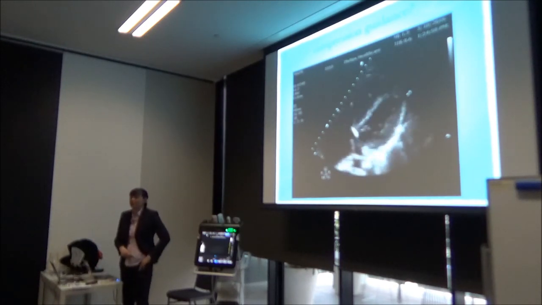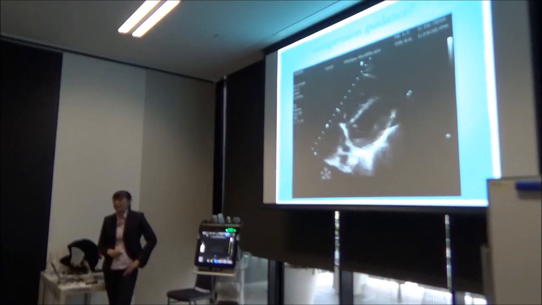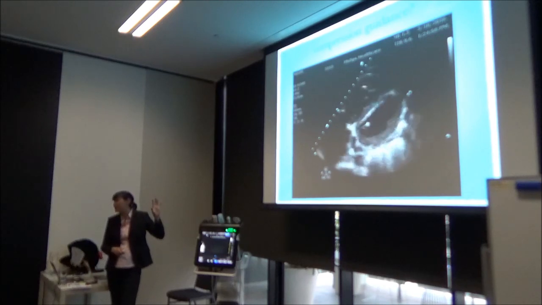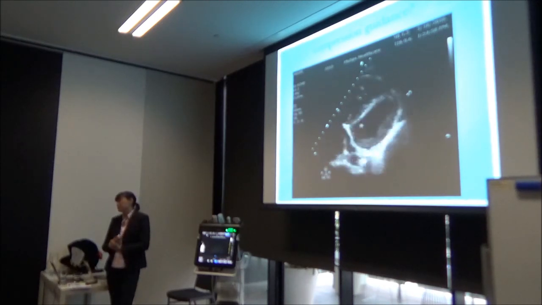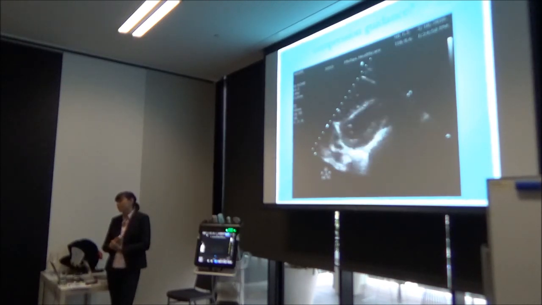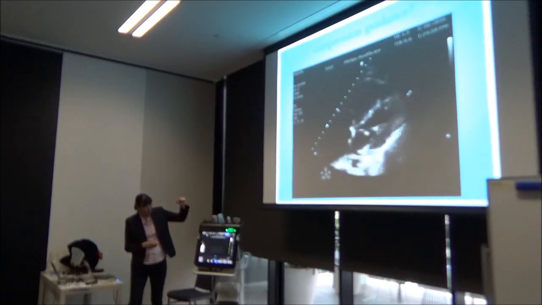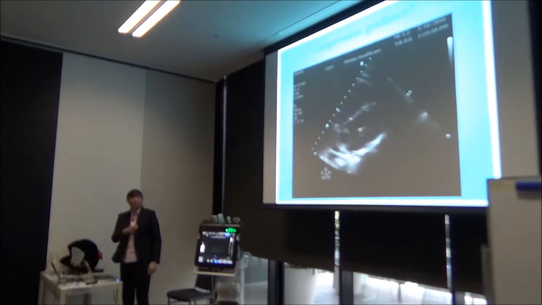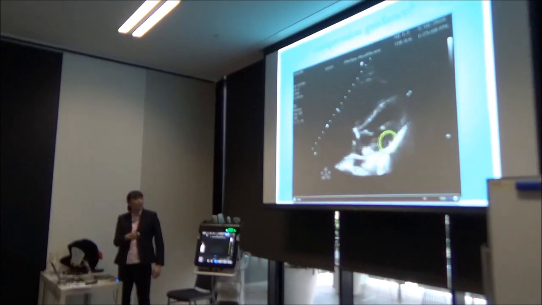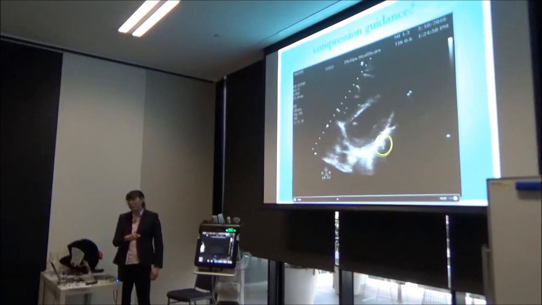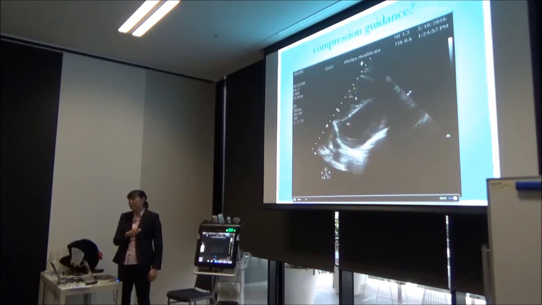How would you tell whoever's administering CPR to improve? Too fast, good. So it's too fast, and you're right. Here is the LV, here's the RV. There's no compression of either chamber. That means these compressions are way too shallow.